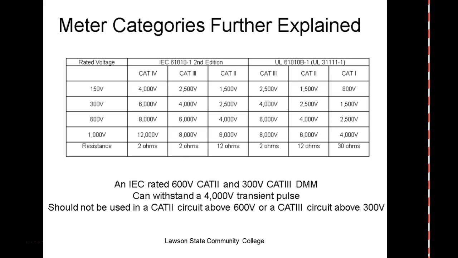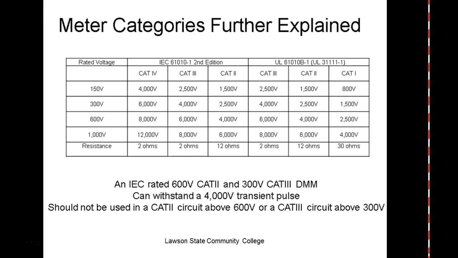That's not true. So a Cat 4 meter would be rated at what? 8,000. So this would be the equivalent meter. What that means is the higher the Cat rating, the more surge you can handle at a higher voltage. Does that make sense?